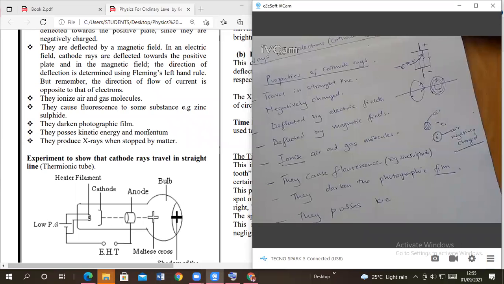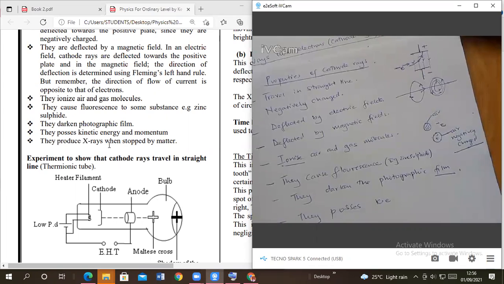So these electrons must be possessing kinetic energy and momentum, because they have mass. Electrons have mass, but their mass is very small.